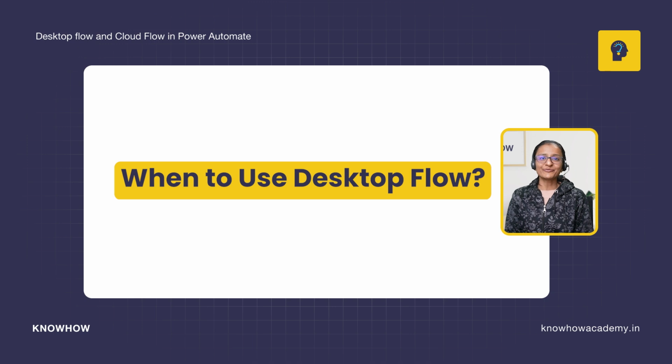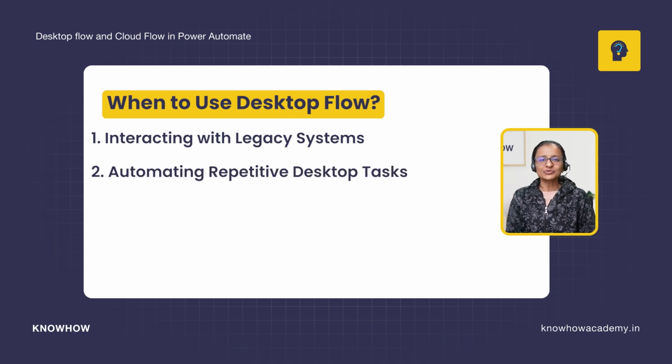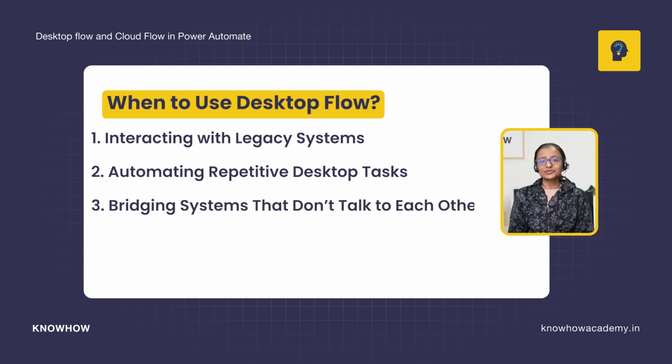Now let me tell you when to use desktop flow. First, if you want to interact with your legacy system, then you can use desktop flow. Second, if you want to automate repetitive tasks, then you can use desktop flow. If you want to bridge the gap between two systems which are not interacting with one another via cloud, then you can build a desktop flow.